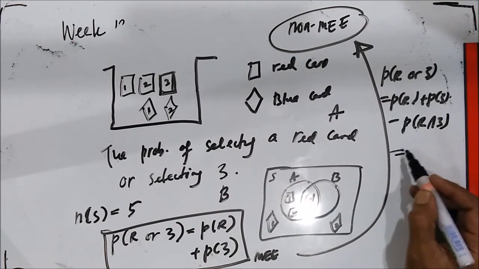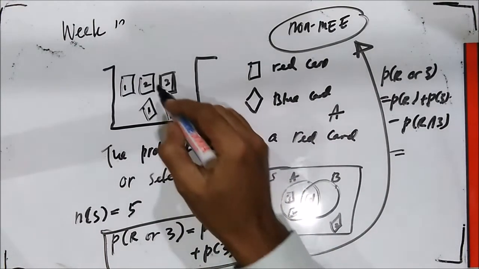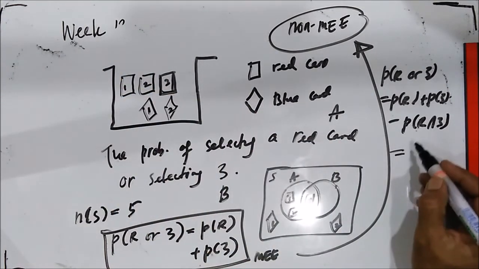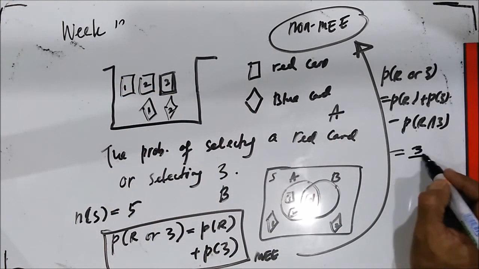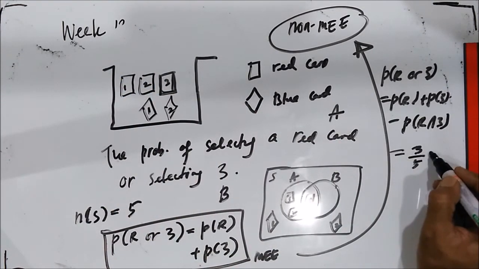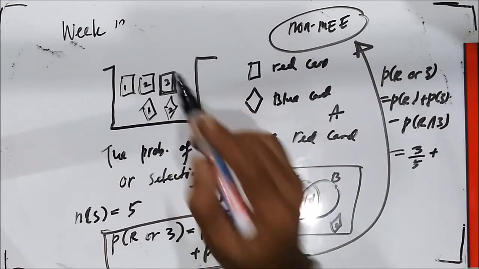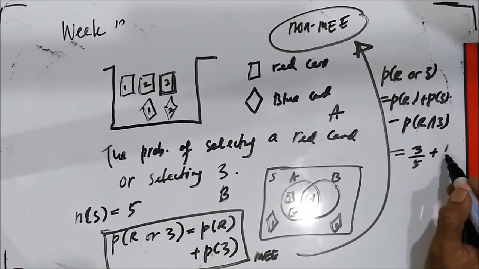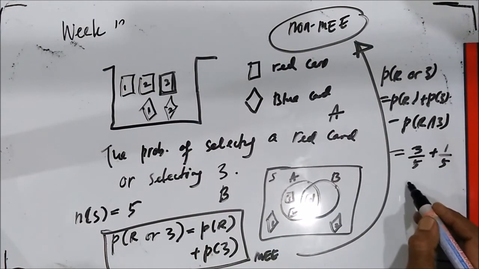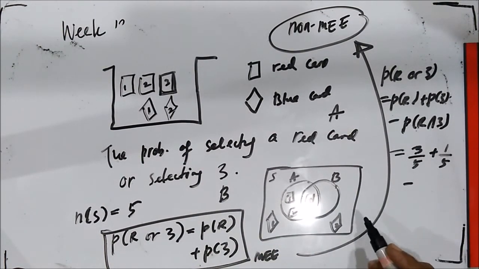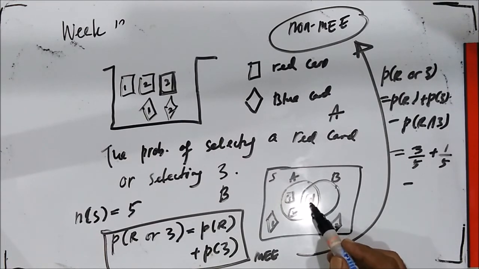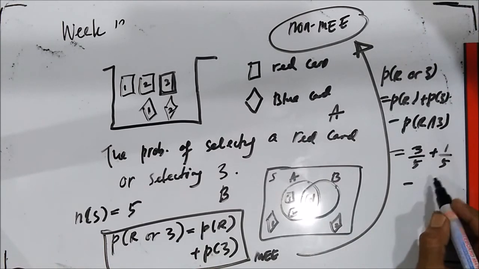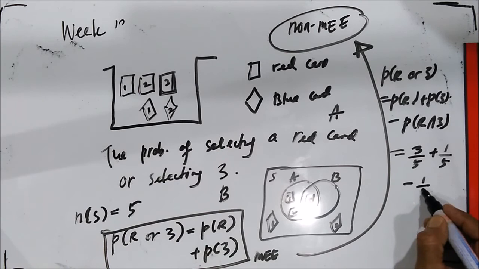Probability of red, we have 3 over 5, plus probability of 3, we have only one 3, so 1 over 5, and minus probability of red and 3, which is also 1 over 5.